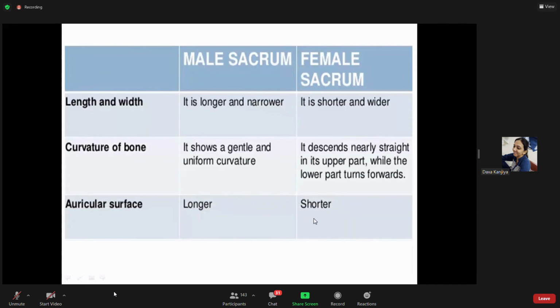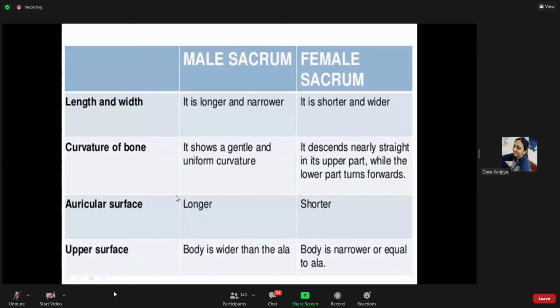In male as compared to the female sacrum, body or the sacral promontory: the length of the sacral promontory is more in female as compared to the male.